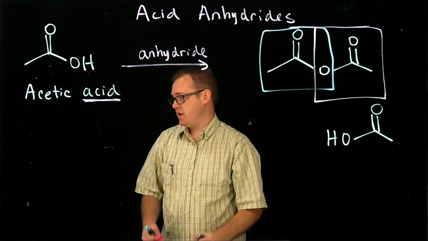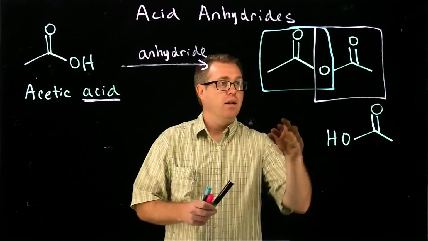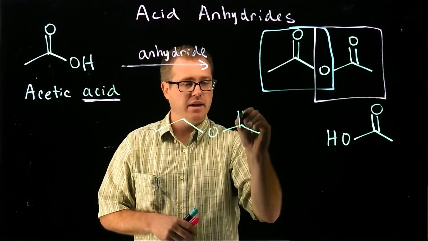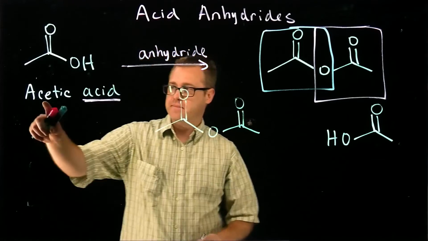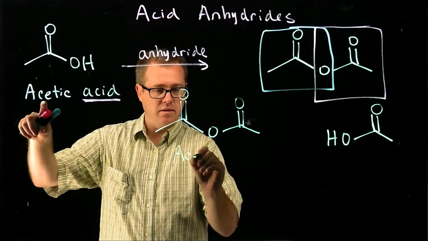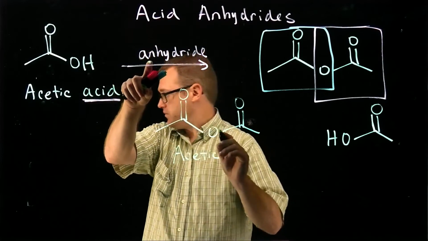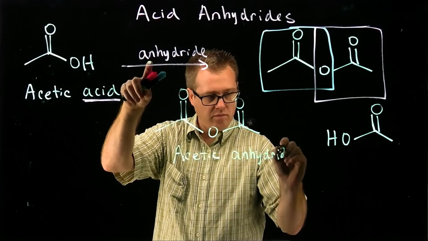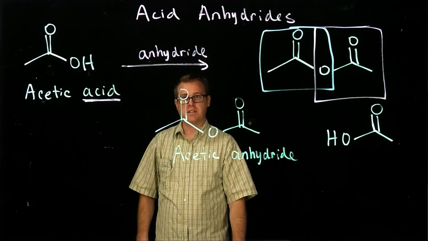That's all you got to do. So the name for this anhydride, let's draw it again so we can see it better. So that guy is acetic anhydride. Pretty straightforward, isn't it?